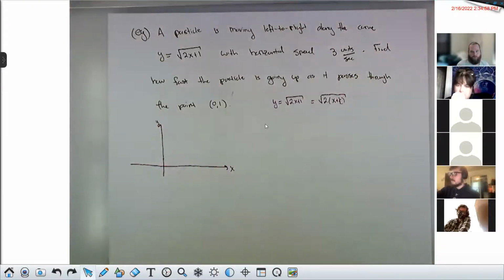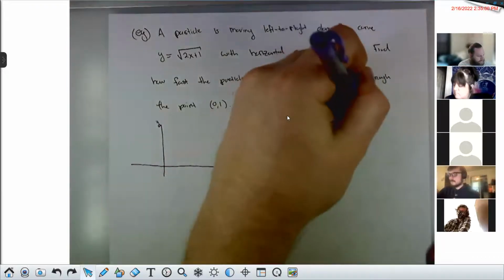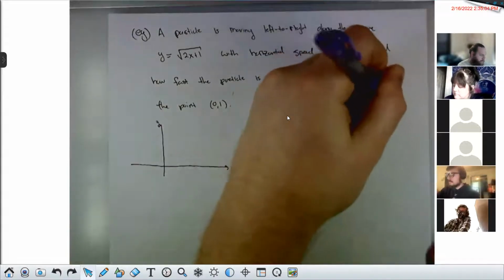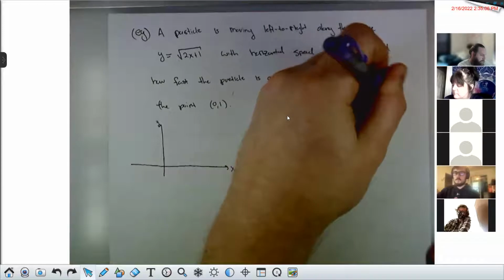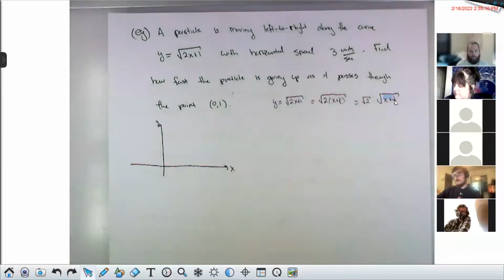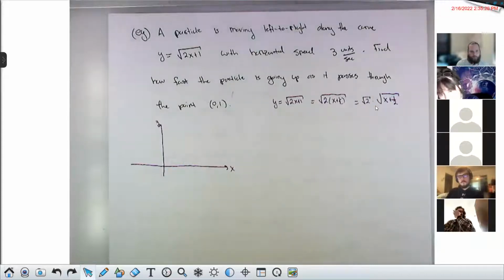So this is the square root function, but it's been played with a little bit. The x plus 1/2 tells you the graph is shifted to the left by 1/2 unit. And the square root of 2 out front tells you it's been stretched vertically by a factor of √2.